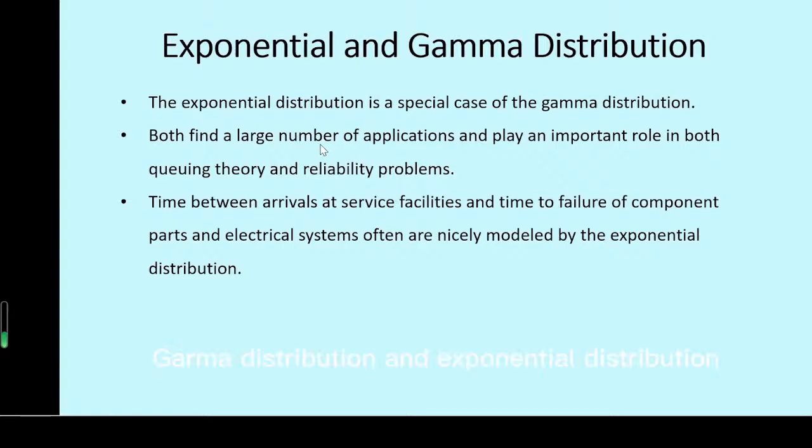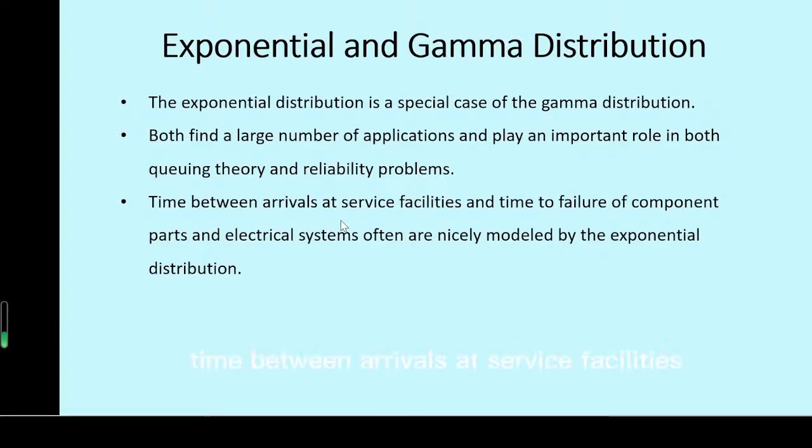In this video, we will talk about gamma and exponential distribution. Gamma distribution and exponential distribution are related because exponential distribution is a special case of the gamma distribution. Both distributions find a large number of applications and play an important role in both queuing theory and reliability problems.